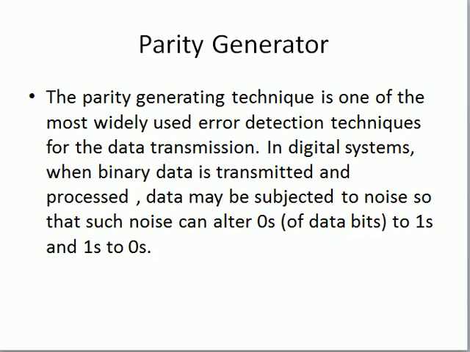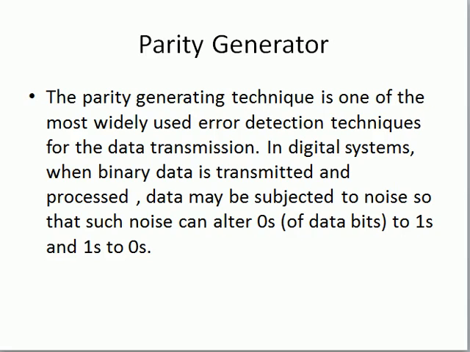It is a technique that is used for error detection in data transmission. When data is transmitted from one end to the other end, sometimes some kind of noise may occur, and such noise can alter zeros to ones and ones to zeros.